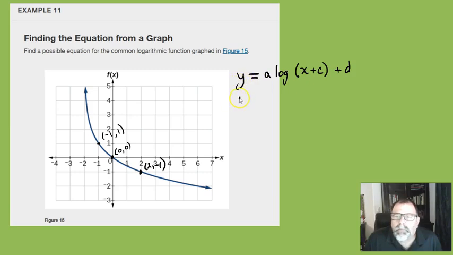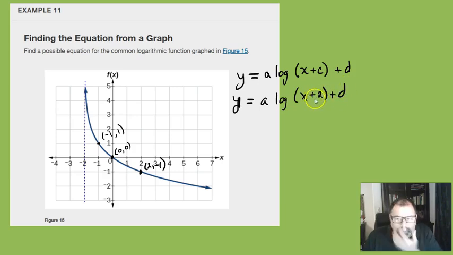By the way, if you notice, the asymptote here is right there, x equals negative 2, so we know c is going to be plus 2, because remember it's the opposite. So we're going to write this as y equals a log of x plus 2.